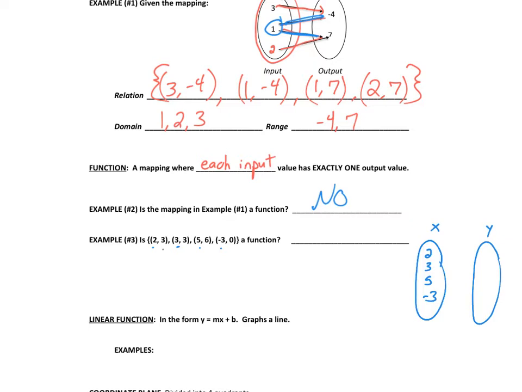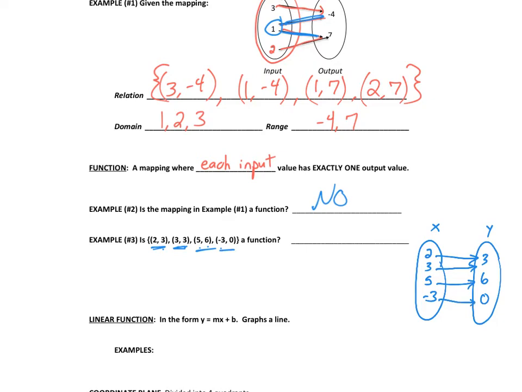My y's are 3, 6, and 0. So we've got to draw the lines. So 2 is paired up with 3. 3 is paired up with 3. 5 is paired up with 6. And -3 is paired up with 0.